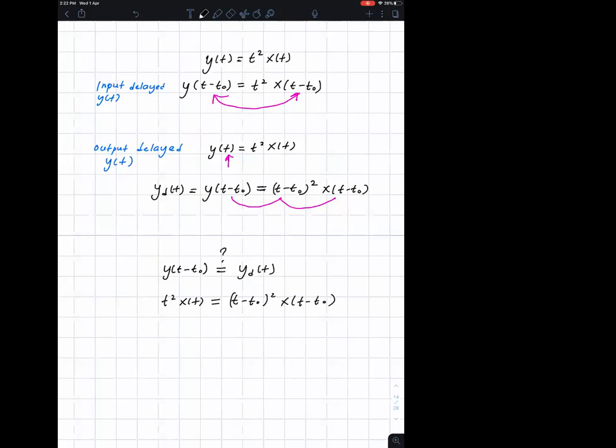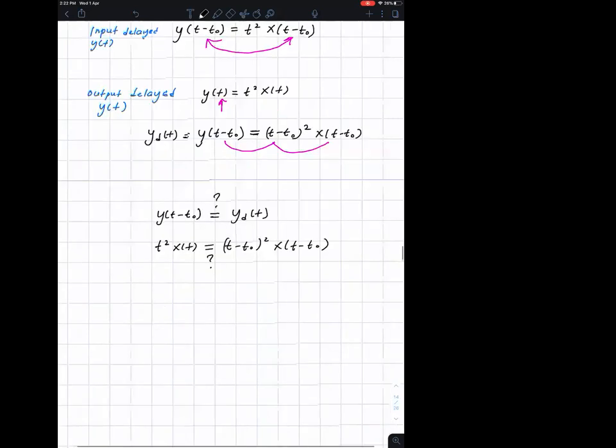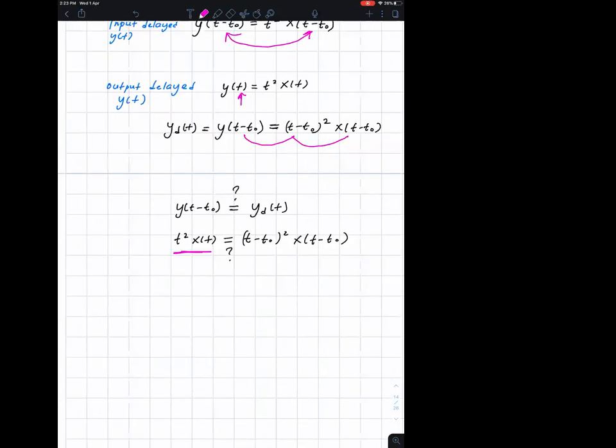Are they the same, guys? No, see, the left side is t squared x(t). On the right side, the expression is different. So they are not the same. Can you note that? Left hand side and right hand side of the equation are not the same.